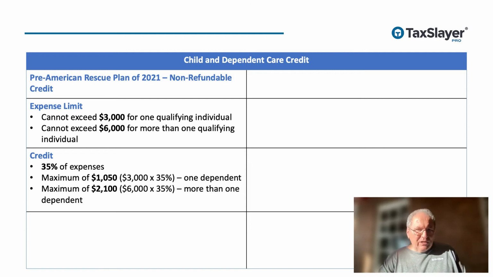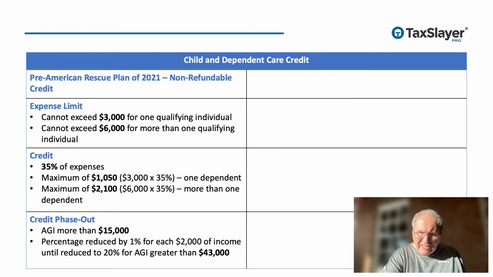But the reality was there's an income phase out: once your income reached $15,000, the credit was reduced for each $2,000 of income until it got down to 20%. And a large number of tax returns really get down to that 20% number. It's very common. That's what we see.